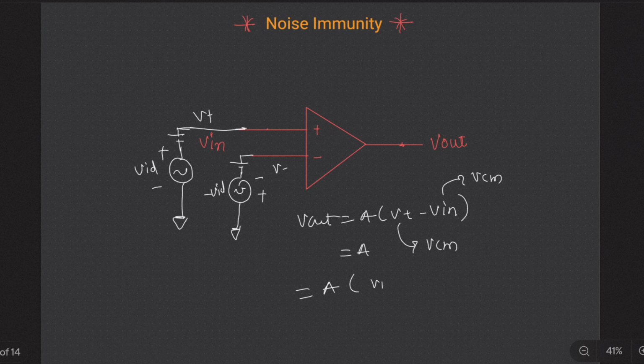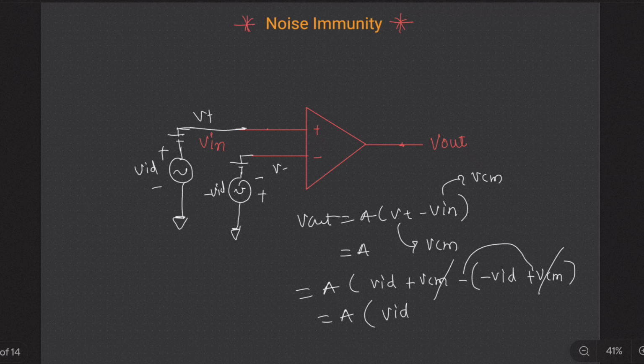So it will be VID plus VCM minus, and this is minus VID as it is a differential input, so it is minus VID plus VCM. If we expand this, the VCM and this minus goes here, so this VCM gets cancelled. So our output is this minus plus VID. So we have successfully eliminated the VCM.